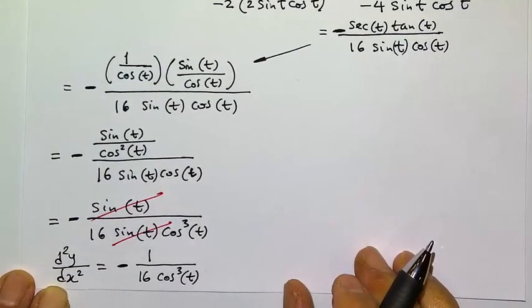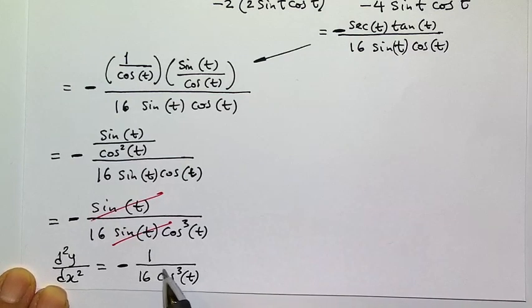Like that. Okay. And again, 1 over cosine cubed t, because this is reciprocal of cosine t, we can rewrite it as secant cubed t.